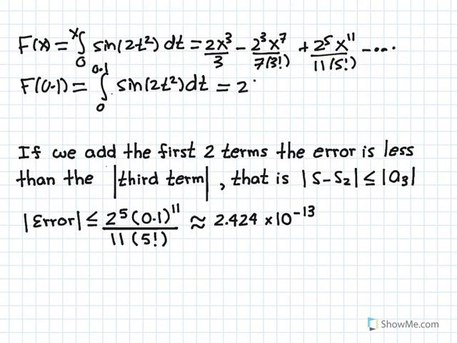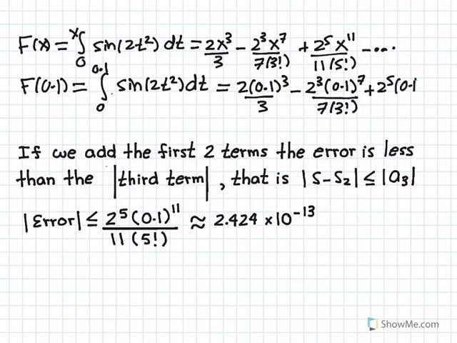So plug in 0.1 for x: 2 times 0.1 to the power of 3 divided by 3 minus 2 cubed times 0.1 to the power of 7 divided by 7 times 3 factorial plus 2 to the power of 5 times 0.1 to the power of 11 divided by 11 times 5 factorial, and so on.